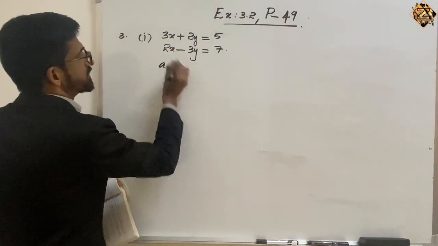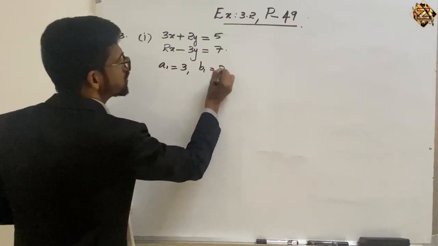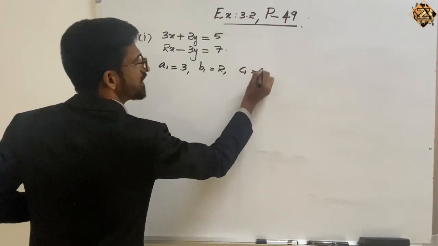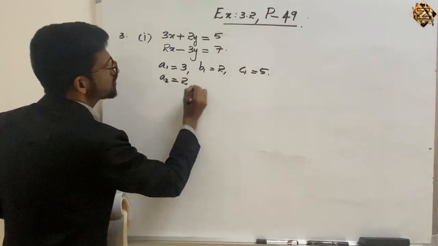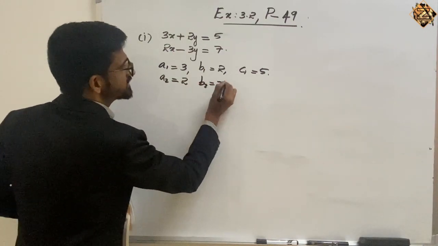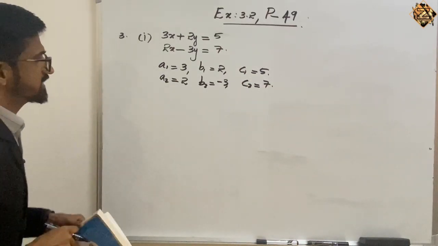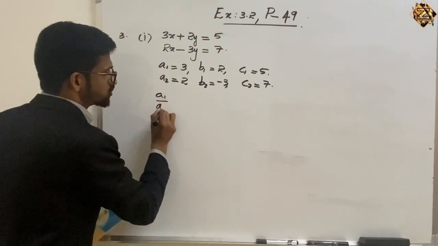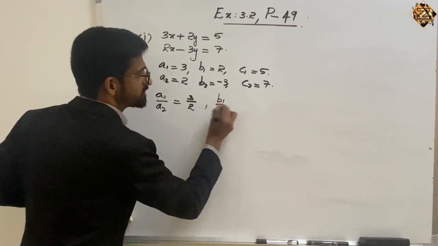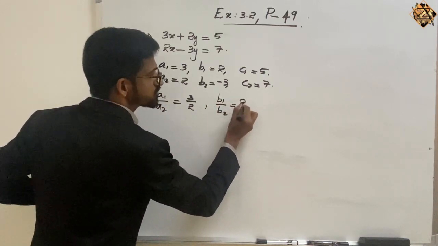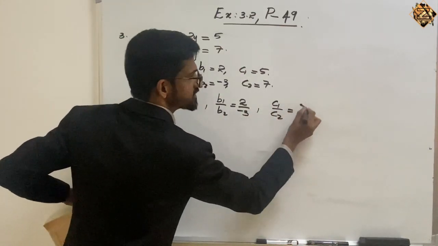Taking a1, the coefficient of x in the first equation, that is 3, b1 is 2 and c1 is 5. Again a2, the coefficient of x in the second equation, is 2, b2 is minus 3 and c2 is 7. Now when we take the ratios, a1 by a2 is 3 by 2, b1 by b2 equals 2 by minus 3, c1 by c2 is 5 by 7.